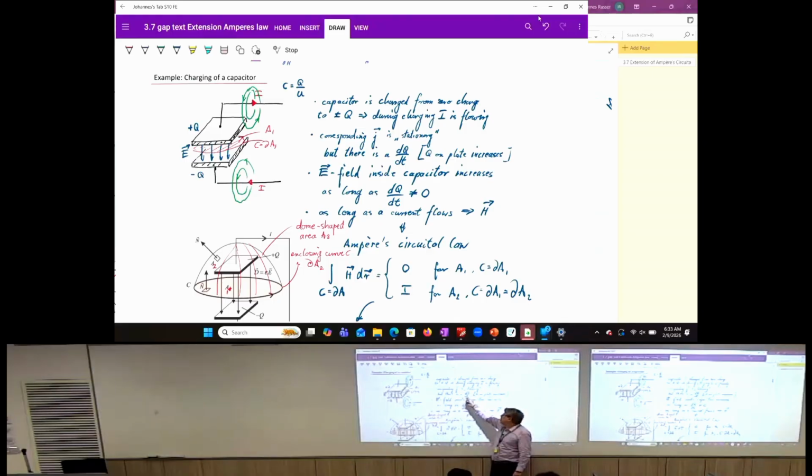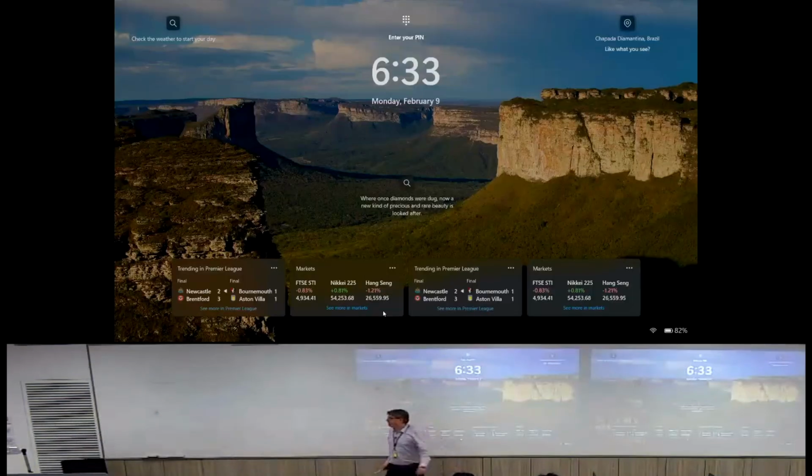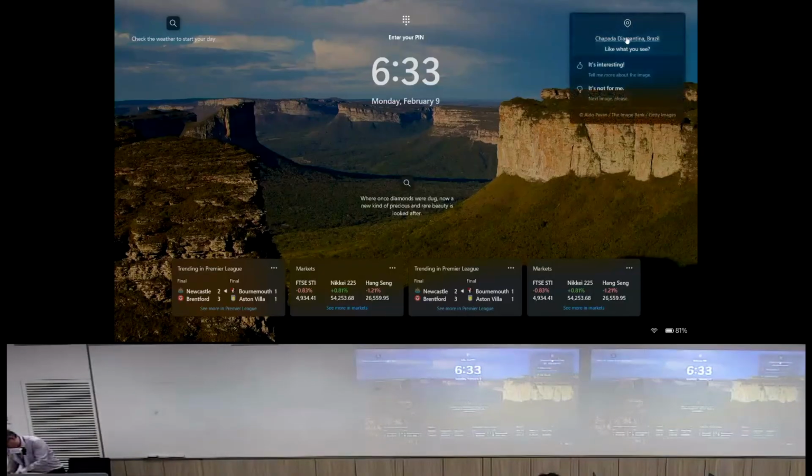So the dQ over dt should be zero. That was our assumption earlier when we said we are dealing with stationary currents. And in this example we have been deviating from this underlying assumption, and that's why we're encountering some issue.